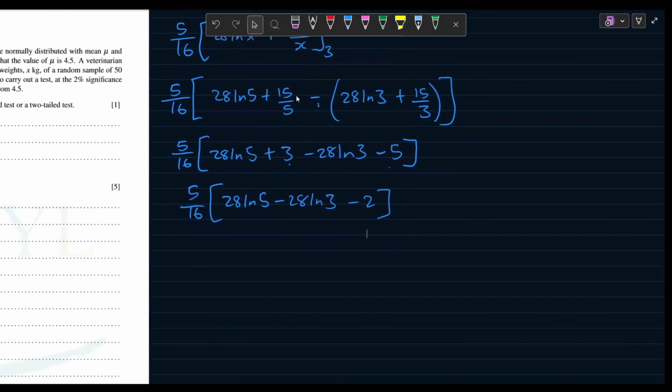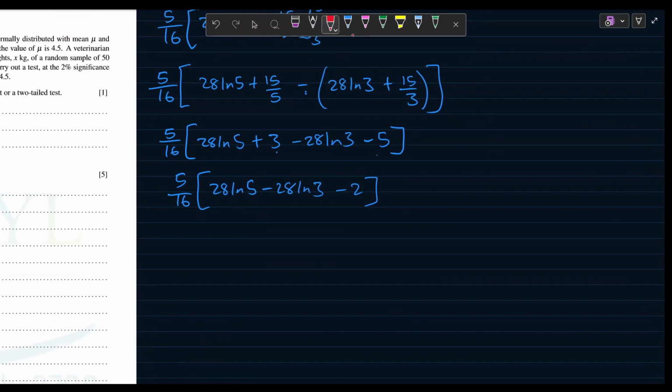So using laws of logarithms, we know that ln A minus ln B is equal to ln A over B. So we want to use that same law here. So it's going to be 5 over 16 times 28 ln 5 over 3, and we've got minus 2.